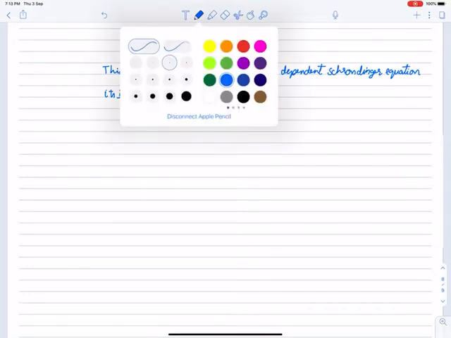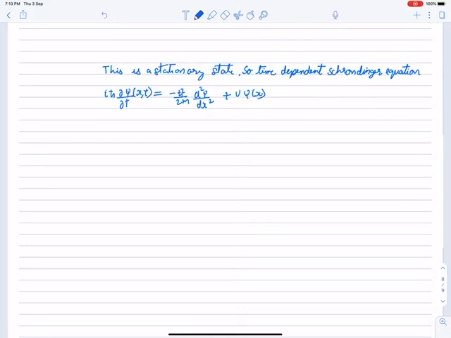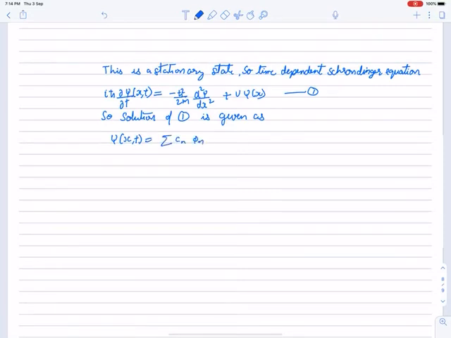This is the way you can write it. So the solution of this, we know, can be given as Cn phi n e raised to power minus i En t by h cut.